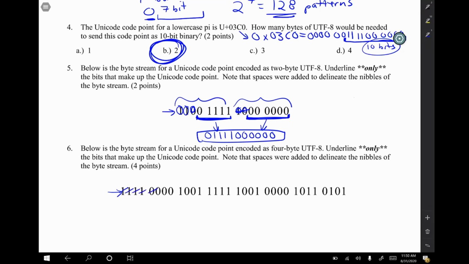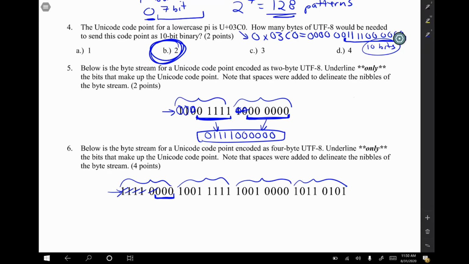Those 5 bits identify this as a 4 byte sequence. So the next 3 bits right there on a paper copy, we just underline them. That's actually part of the payload right there, the 000. Those are the most significant 3 bits of the payload of this 4-byte UTF-8 sequence.